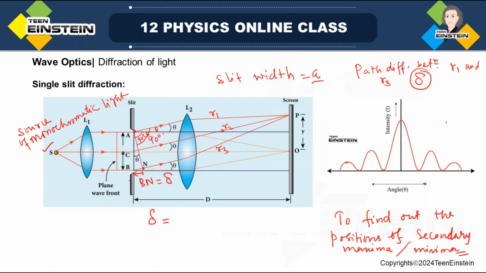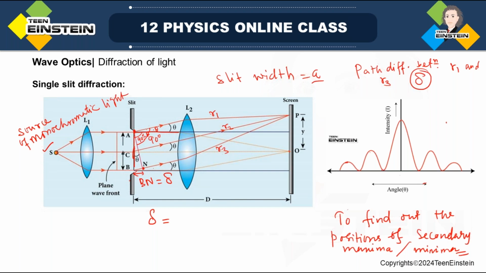Again, this particular line is perpendicular to AB.